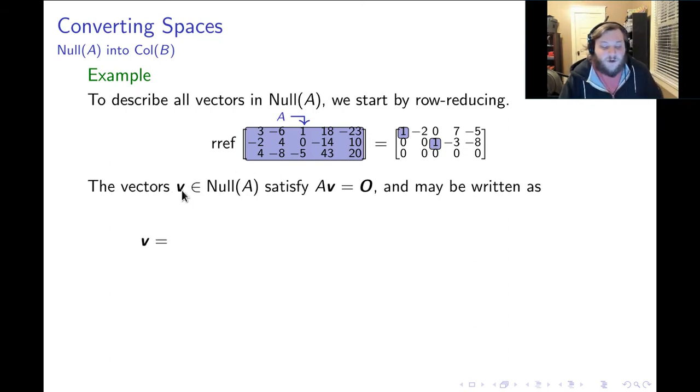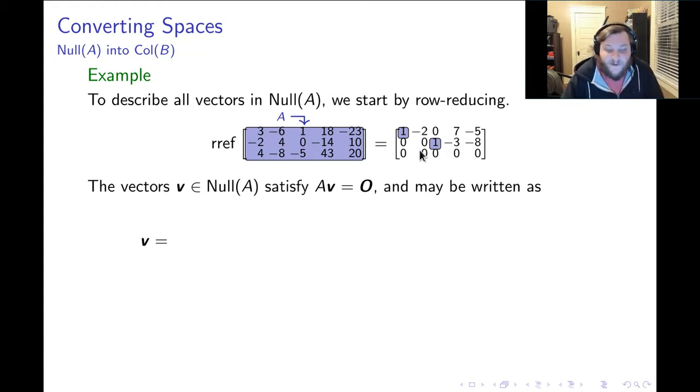Now, if I were trying to describe all vectors in the null space, I would be describing all vectors V that satisfy the equation A times V equals the zero vector. Well, how could I better describe those vectors? I can look at this system of equations and write the dependent variables in terms of the free variables.